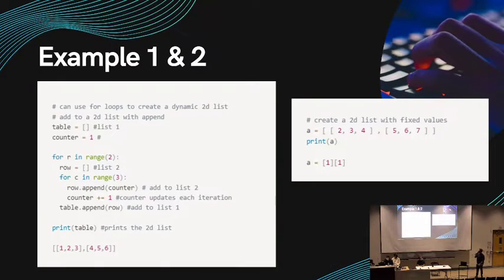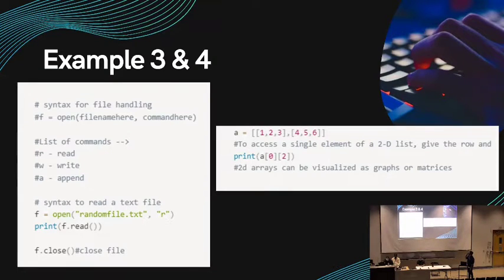Sorry, this was another 2D list example. Here we go. We have three main parameters that we feed an open function. R is for read, W is for write, and A is for append. I'm looking at the left-hand side of our slide, by the way.